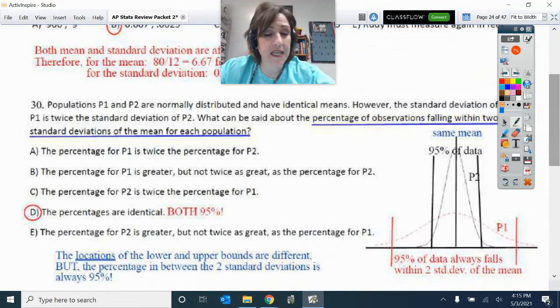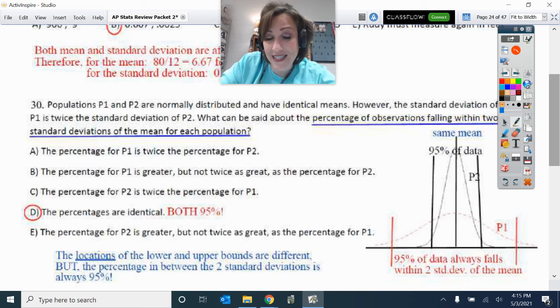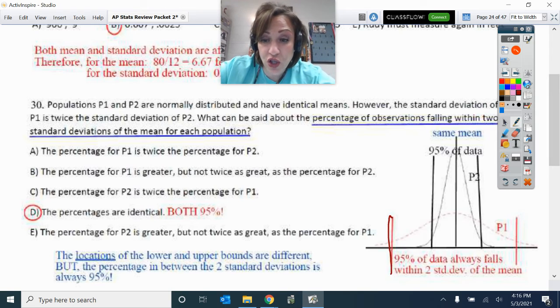All right. Next, what percentage of observations fall within 2 standard deviations for each of these populations? Very interesting. So one of them is wider than the other. But regardless of it being wider in context, it's still 2 standard deviations wide.